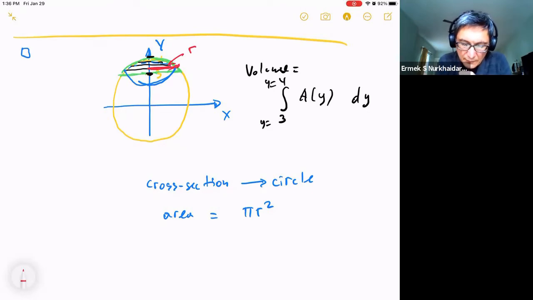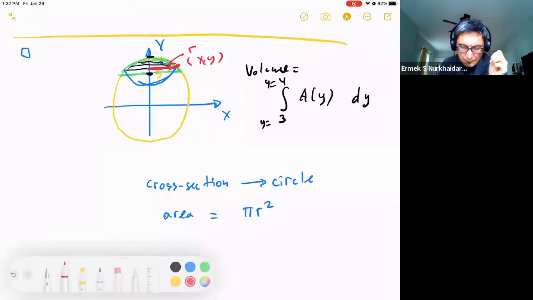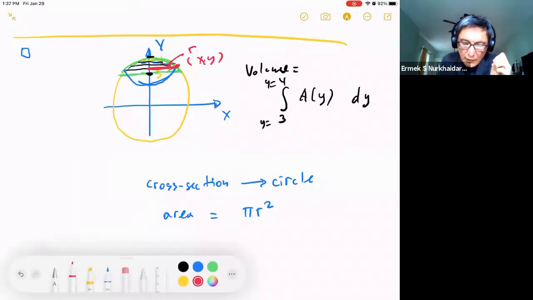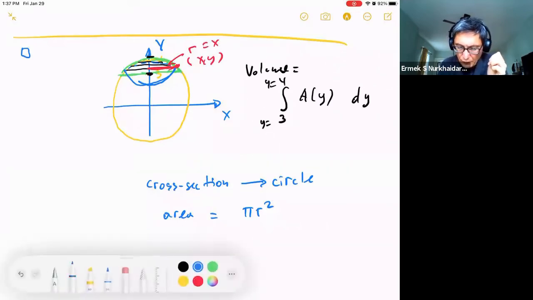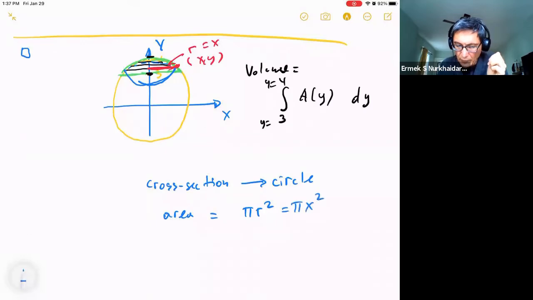If I pick a point with coordinates x and y, then in terms of x and y, that will be the x coordinate of the point. r equals x. So the area equals pi x squared.